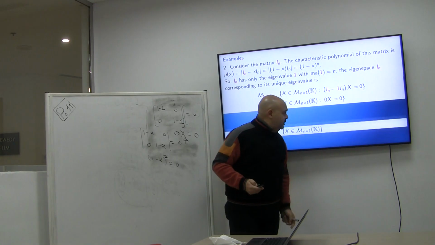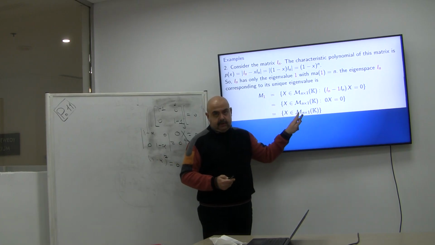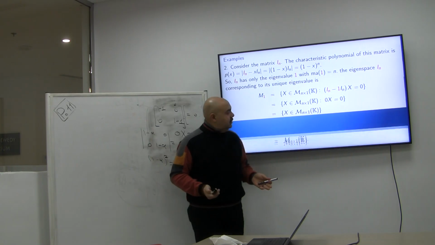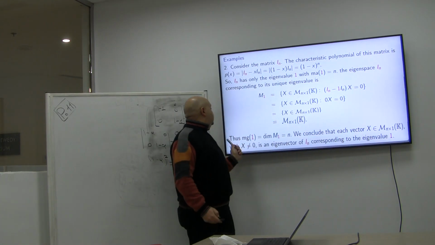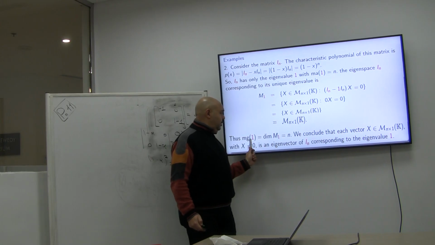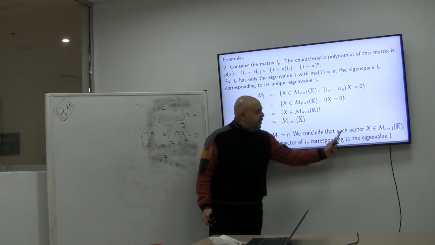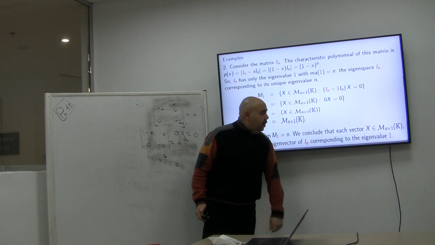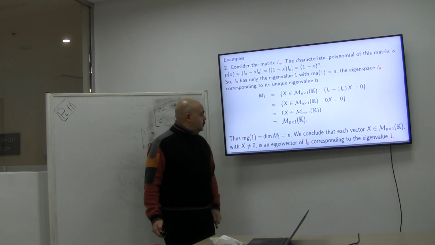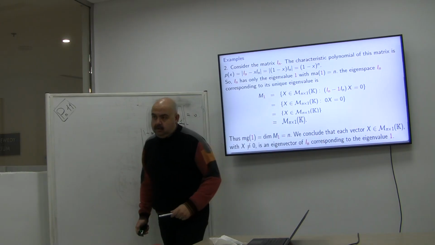And this means that all the column vectors x of the same dimension could be an eigenvector. This is exactly what the statement states. Thus, the geometric multiplicity of 1 equals the dimension of m1, which is n. We conclude that each vector x in the set of column matrices with x not equal to 0 is an eigenvector of In corresponding to the eigenvalue equal to 1.